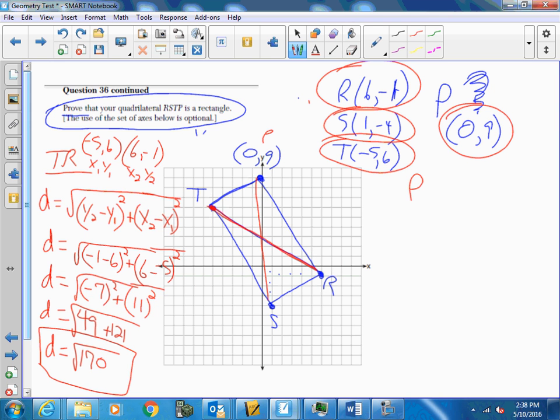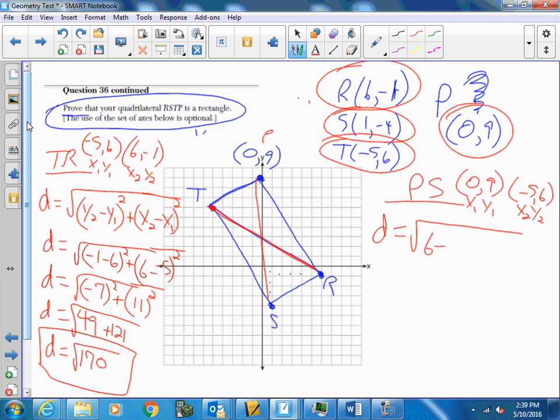So the length of PS, D is equal to, let me write them here in order, right next to one another: 0, 9 and -5, 6. I'm going to label my x1, y1, x2, y2. So the square root, don't forget the square root, 6 minus 9.